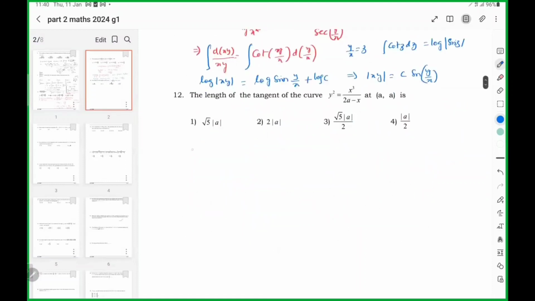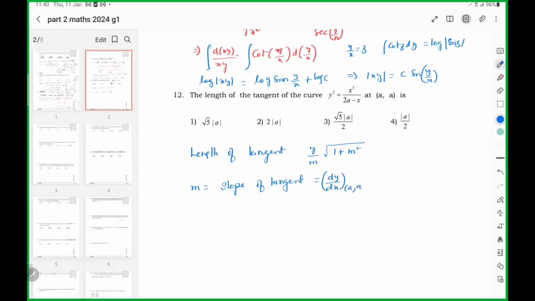And here, length of the tangent formula is y by m under root 1 plus m square. So m here is the slope of tangent, which is dy by dx at which point? a comma a.